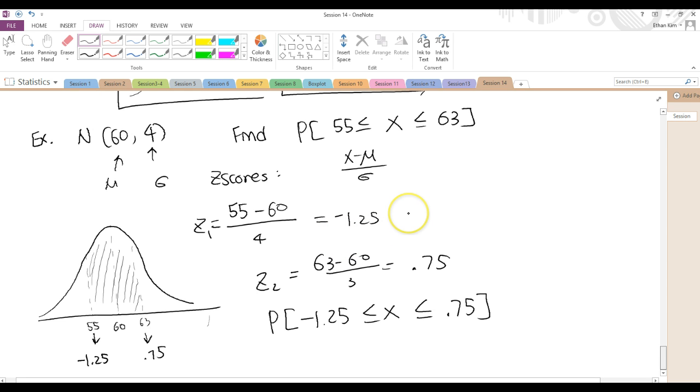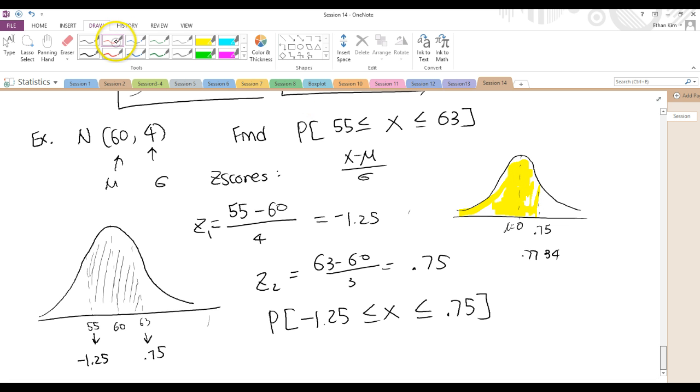So this is a standard normal. Again, standard normal always has mu of 0. We said 0.75 has 0.7734. That means the area up until this point is 0.7734, but we are not looking for that area.